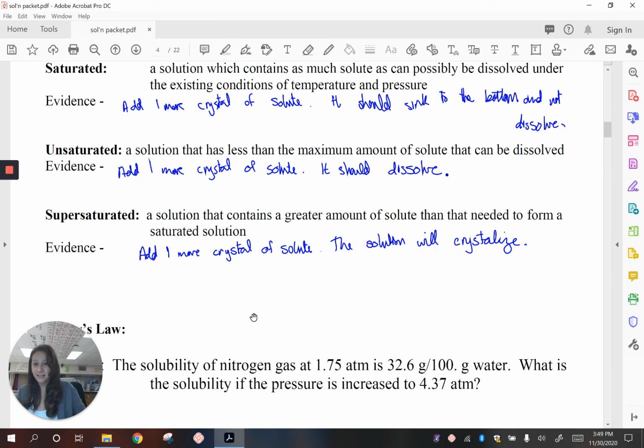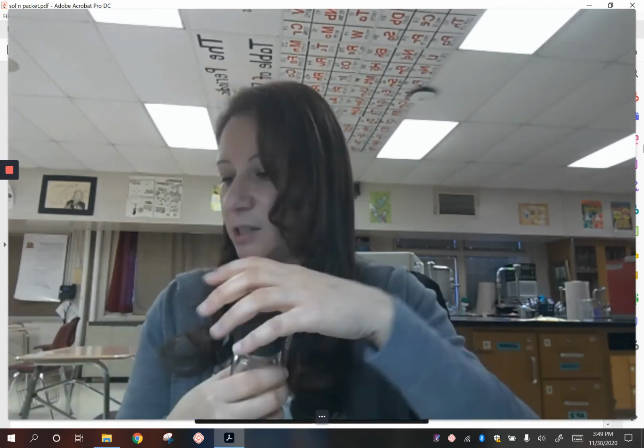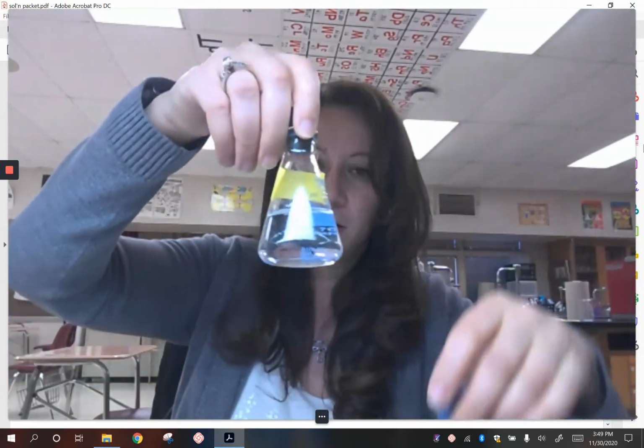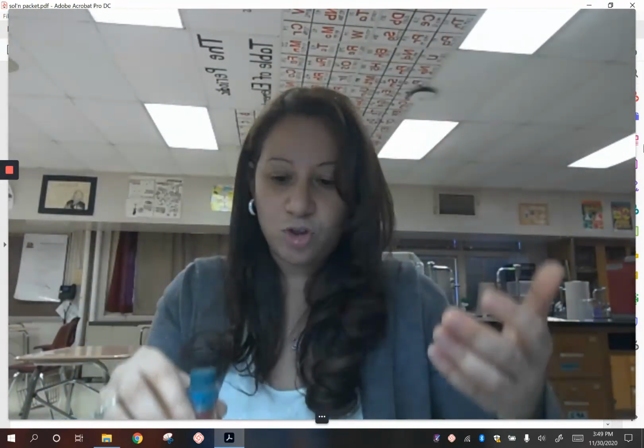So let's test this with my substances here. So I'm going to start with, this is sodium acetate, and I have my 3 solutions here. This is unsaturated, this is saturated, and this one is supersaturated. So you can see they all look just like, you know, water, right?